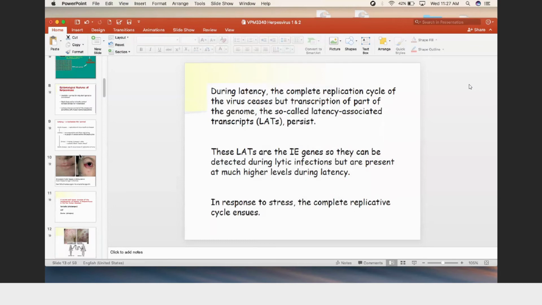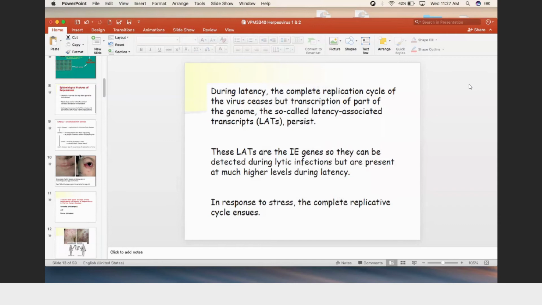How does the virus establish latency? Because of the work of the LAT gene that only occurs in herpes virus.